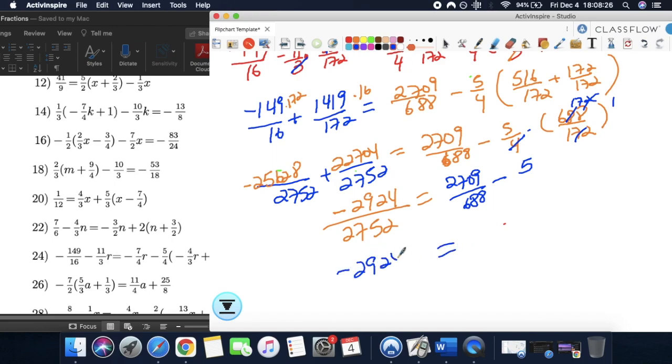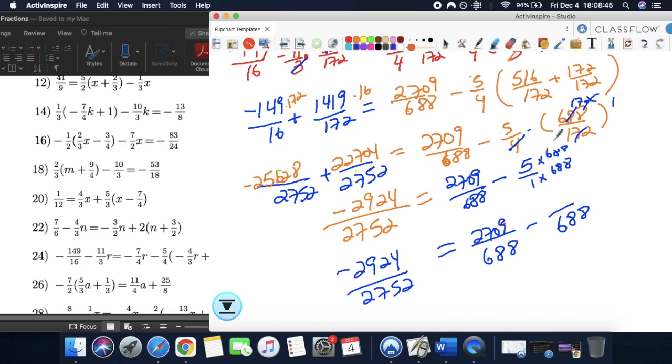So now I have to subtract those two. So we're going to use 688 as our denominator, right? Because it's 5 and 1. So that doesn't change, but this I have to multiply by 688. I multiply the top by 688. 5 times 688 equals 3440.